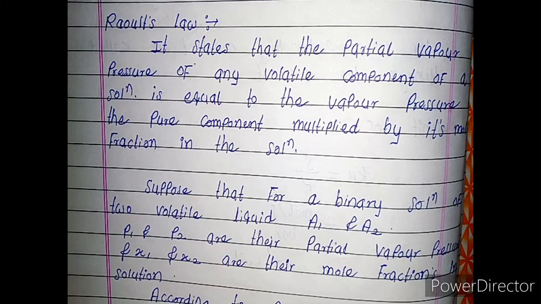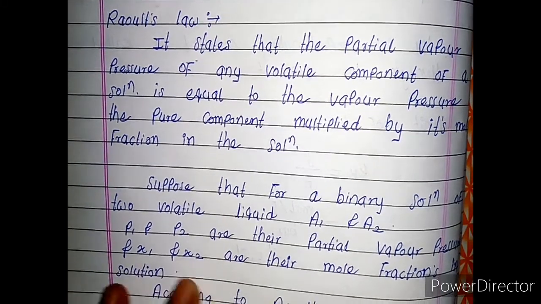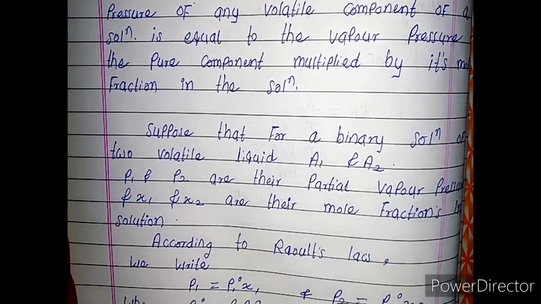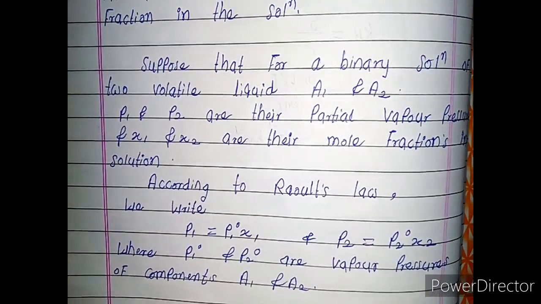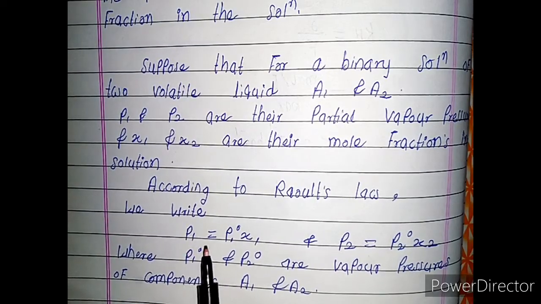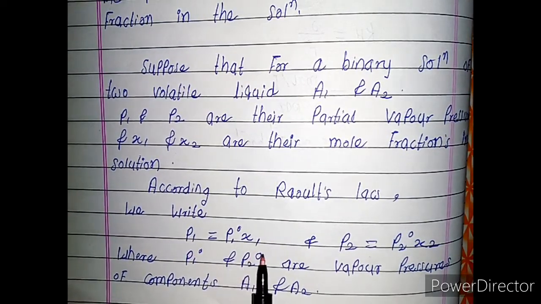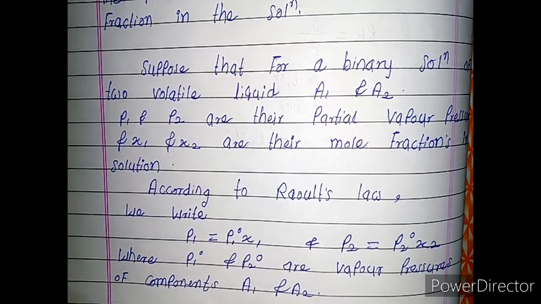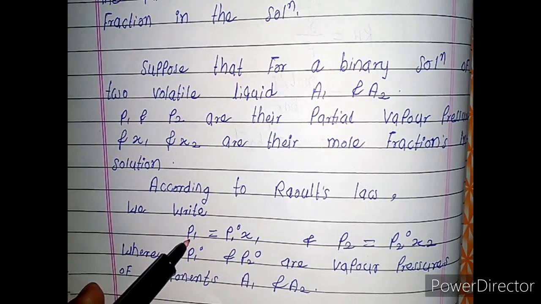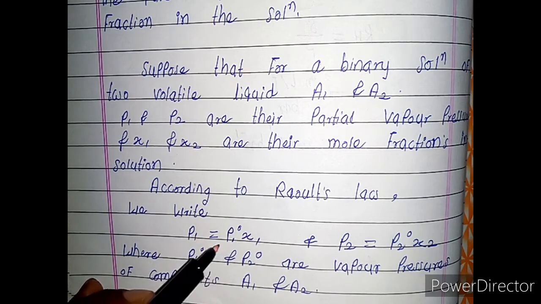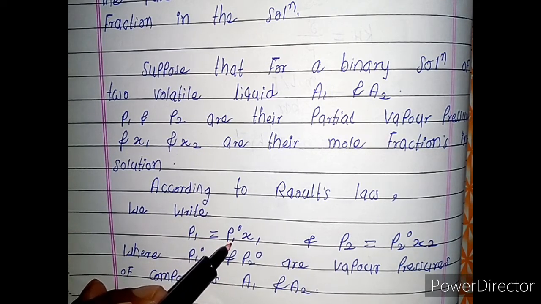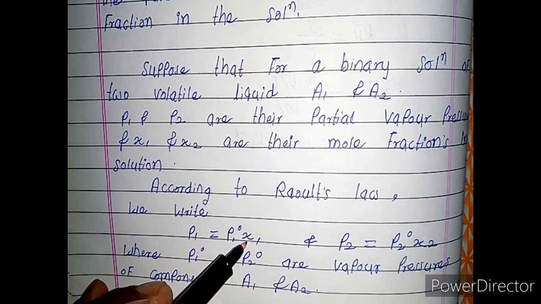Now, as we have just discussed, we are discussing the mathematical expression of Raoult's law. From that point of view, Raoult's law says p1 is equal to p1° into X1, where p1 is the partial vapor pressure. So in the statement we mention that the partial vapor pressure of any component is equal to the vapor pressure of the pure component and its mole fraction.